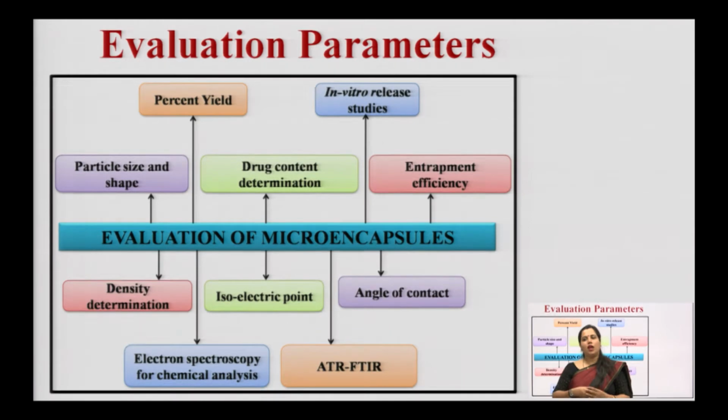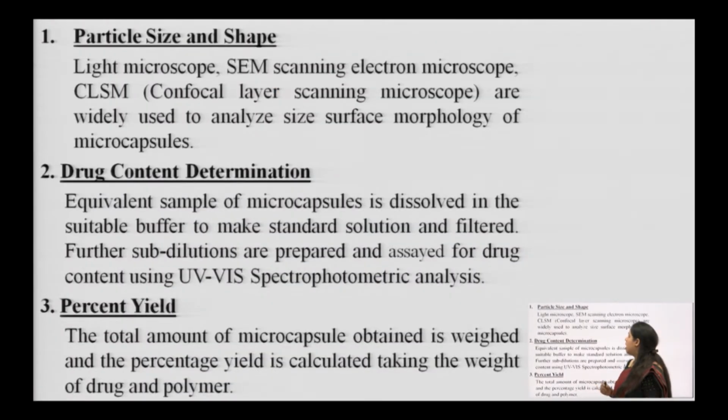So, it goes with the variety or nature of the microspheres we prepare. If we talk about generalized evaluation parameters, these are the important parameters which we can use to ensure the quality and nature of the microspheres prepared. Moving on to the next slide, we can look at a single evaluation parameter in detail.